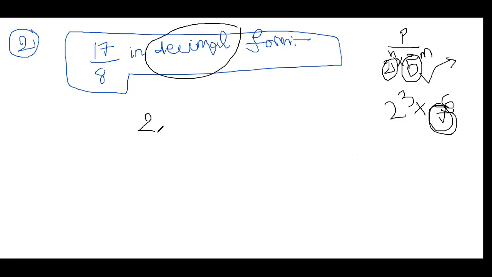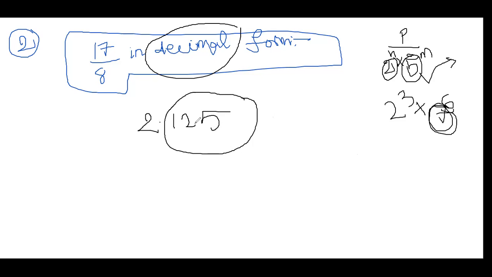Who is that? Mohit Sai, sir. Yes, 2.125. After the point, you have to say one two five, not one hundred twenty-five. Okay, sir. Good.